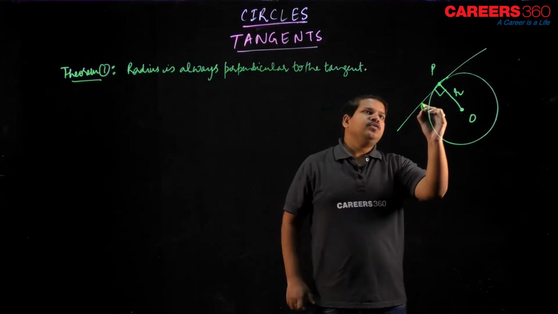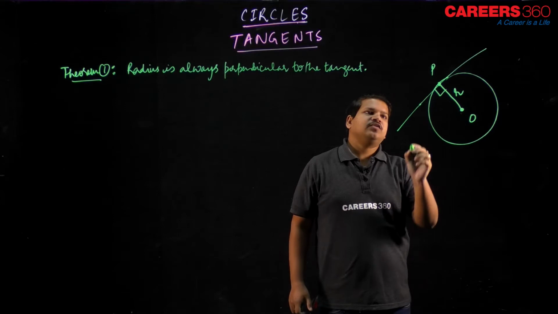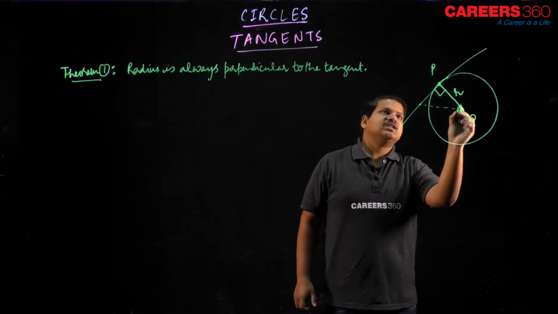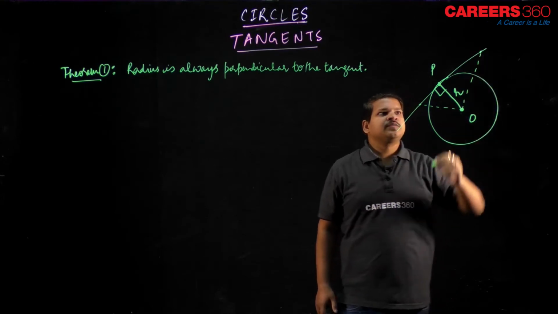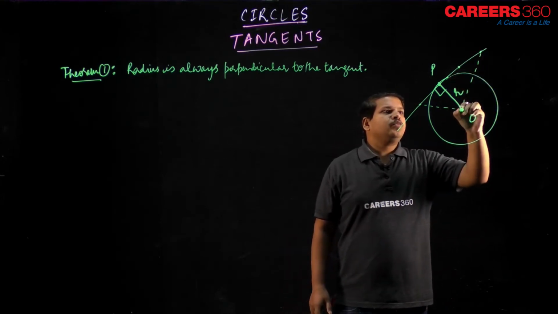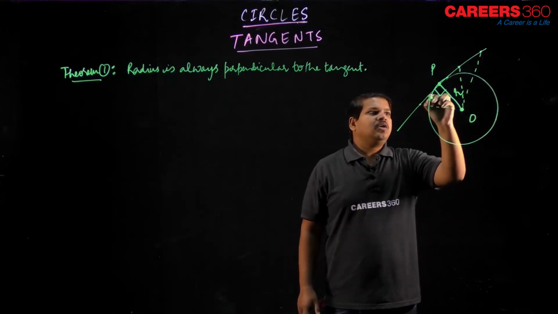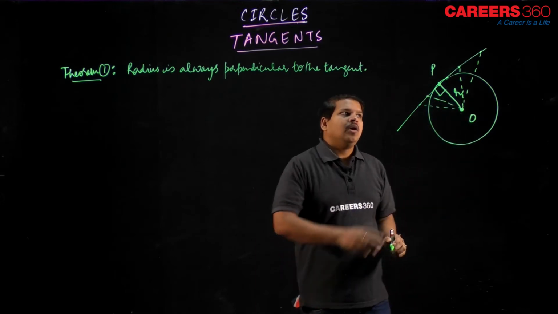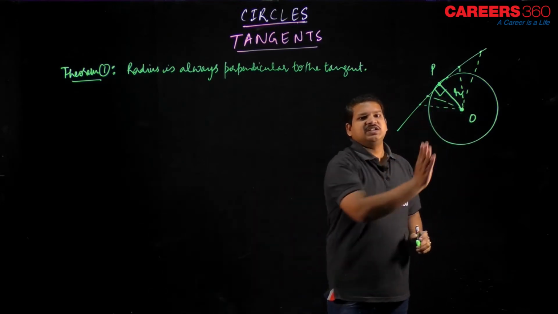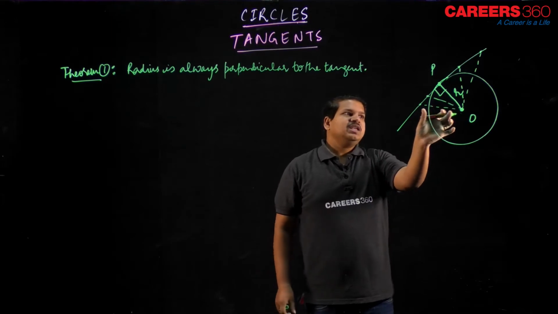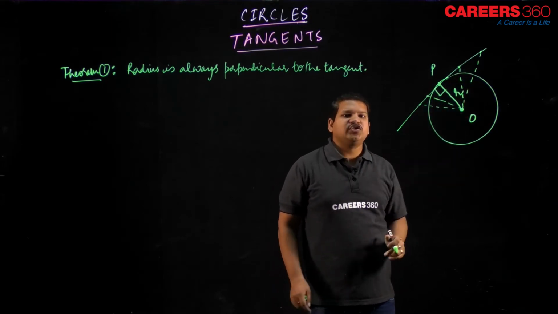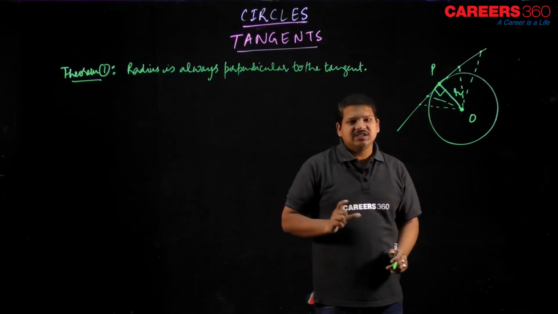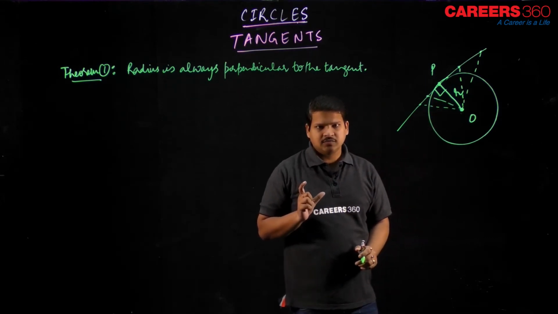And if you consider another point somewhere like this, or another point somewhere here, or one more point like here or like here, right? Of all these distances, as you can see, the radius is the shortest one.